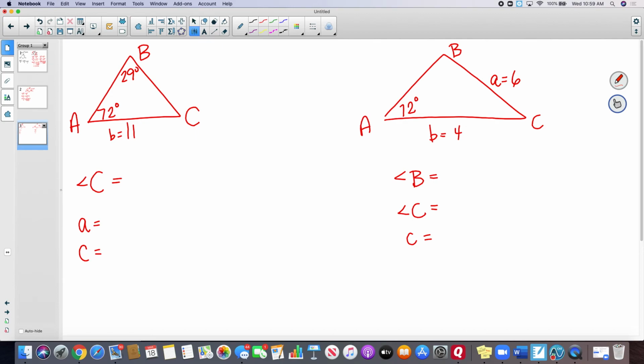All right, so I've given you two triangles. And so what I would like for you to do right now is pause this video and work both of these problems. If you need to go back to the other problems that I've worked and look at that, you can do that. Okay, so I'd like for you to pause it, work both of these problems, and then once you've worked them, play it again, and I'm going to have the answers put up here.